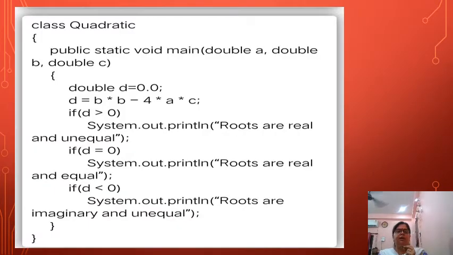See how the program has been done. Class quadratic, public static void main. See beta, this has been given in a function program, in a function which you have not studied. You can also make it with a scanner. For the scanner, you have to write import java dot util dot star semicolon here, and here as you write public static void main string args, and after that the scanner, and then you have to take these variables.